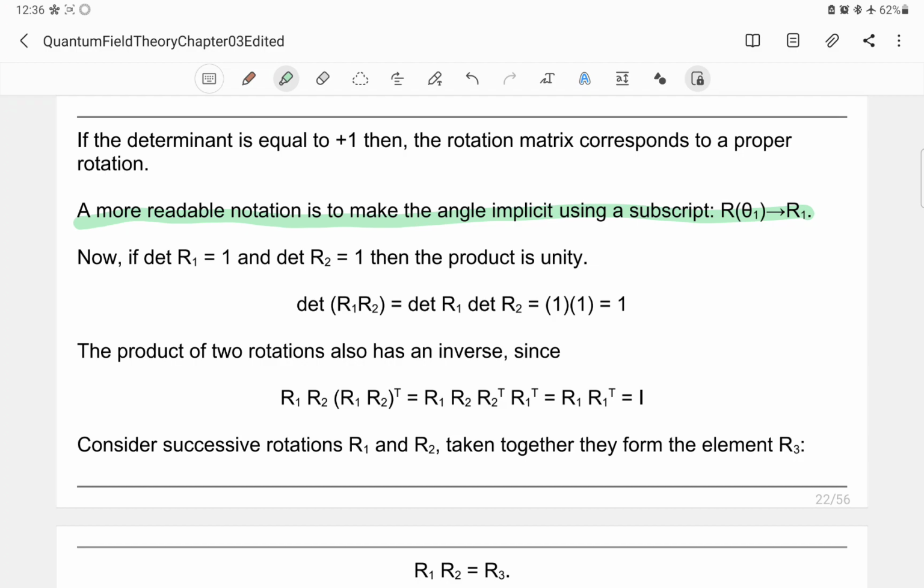So if the determinant of r1 and the determinant of r2 are both 1, then the product is unity, of course. And the product of two rotations also has an inverse, which is this one. So if you have two successive rotations r1 and r2 taken together, they form element r3. So we're just talking about determinant of r equal to 1.